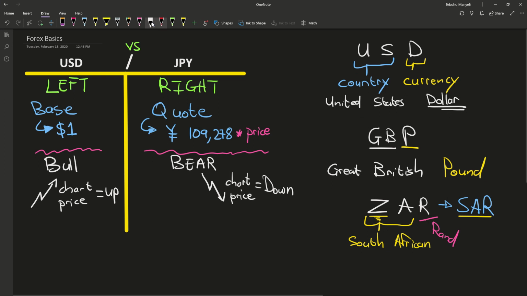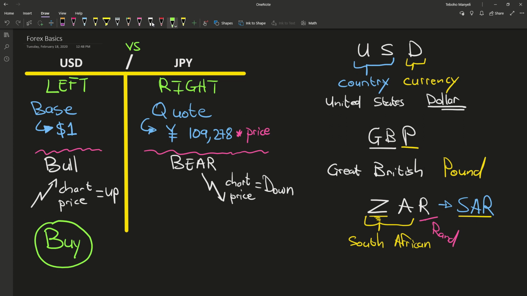Now the most important thing is understanding how to become a bull and how to become a bear. If you press that buy button, you are saying that I am supporting an upward movement, or I want to become a bull, or I'm the base currency, or I'm investing in the dollar. It's one and the same thing.